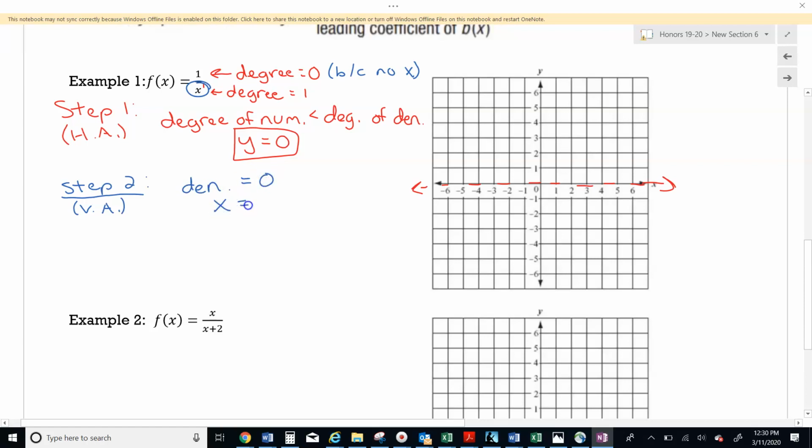So x equals 0. This one's nice and easy. There's nothing else to solve. So that's our vertical asymptote. Okay, and there's x equals 0.